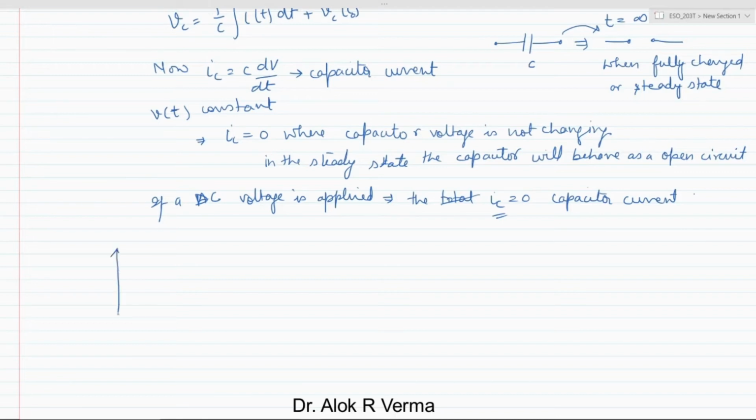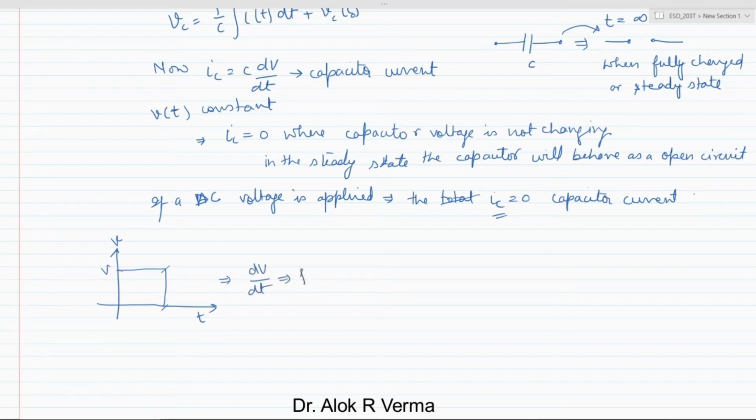If you have some kind of variation in the capacitor voltage of this type, where suddenly the voltage goes to 0, this is time and this is V, then dV by dt is very high.